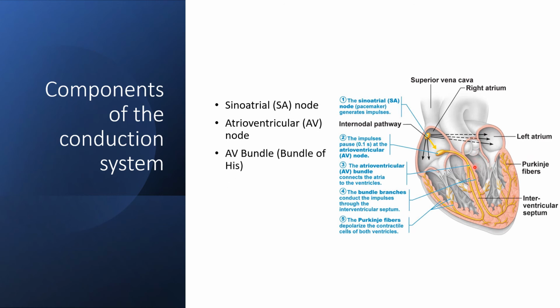It then travels down the AV bundle, which is also known as the bundle of His, divides into right and left bundles, and conducts through the Purkinje fibers. So you have an action potential that propagates down the heart and causes the heart to beat. And this is not by accident. The atria contract, then the ventricles contract, and blood is pumped out of the heart.